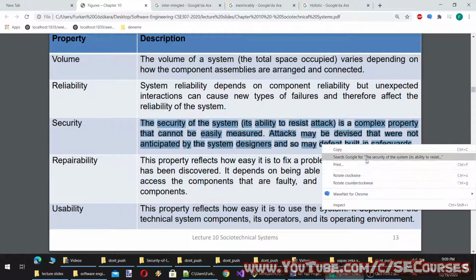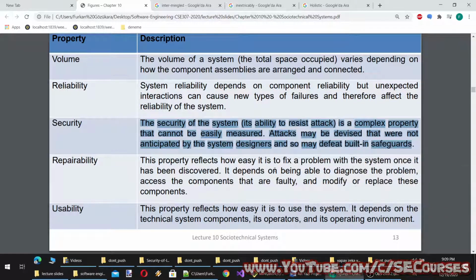Security: the security of the system, its ability to resist attack, is a complex property that cannot be easily measured. Attacks may be devised that were not anticipated by the system designers and so may defeat built-in safeguards.